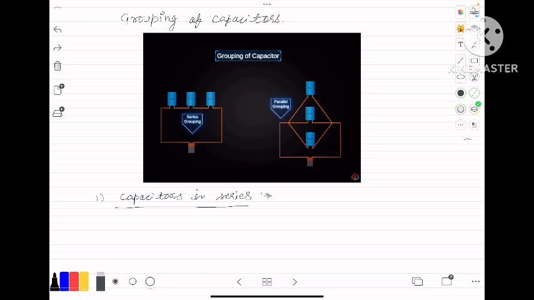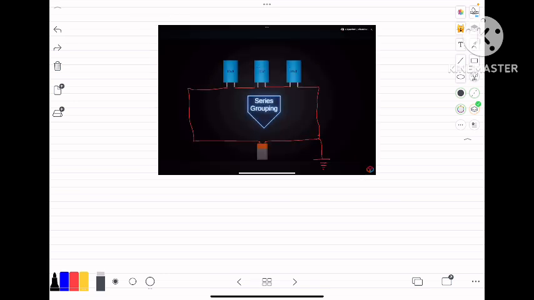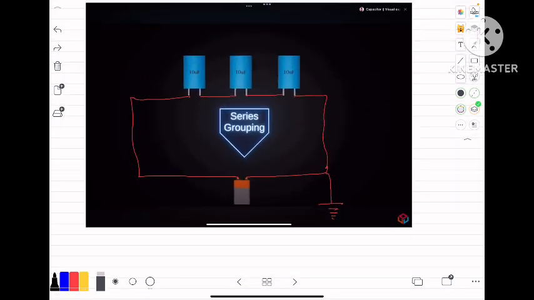Let's look into the diagram. Here we have three capacitors C1, C2 and C3.